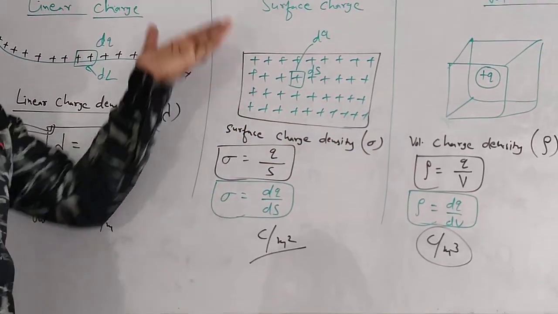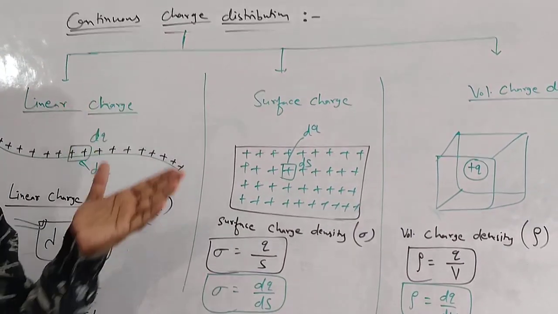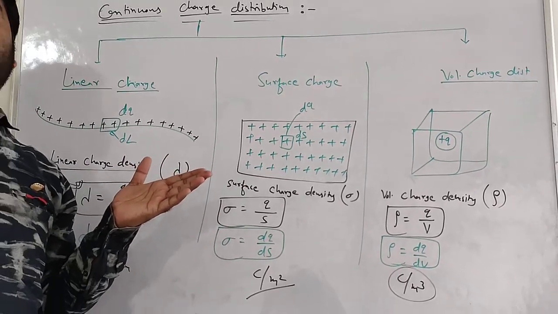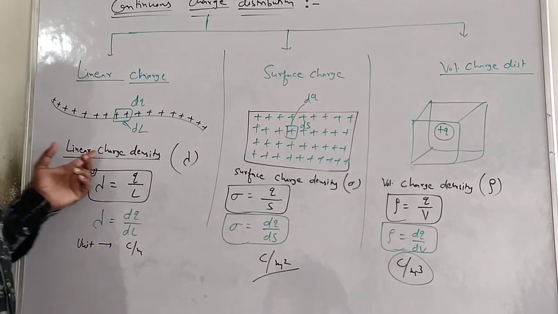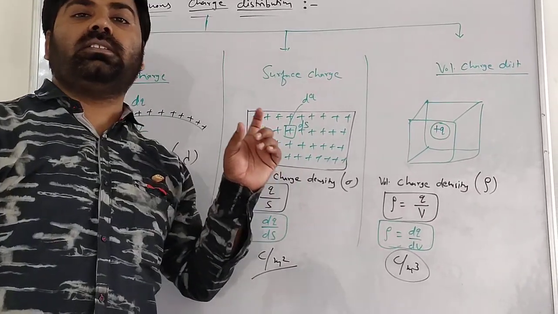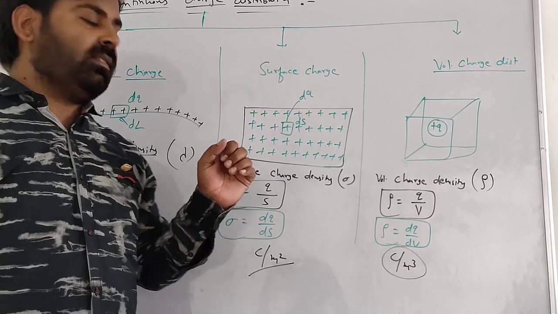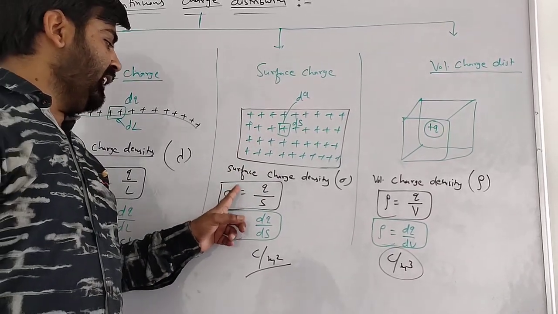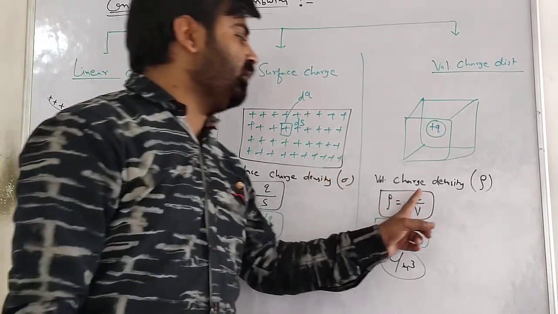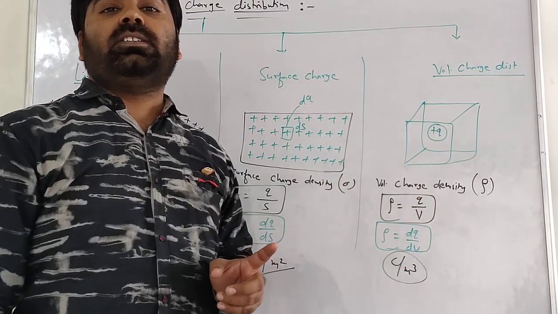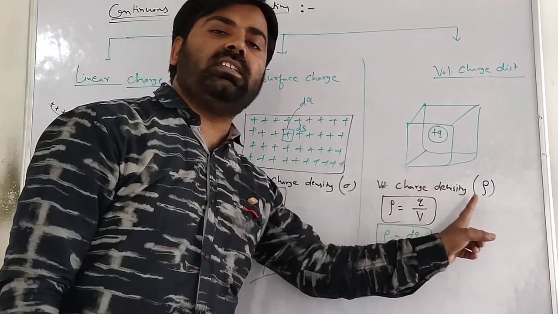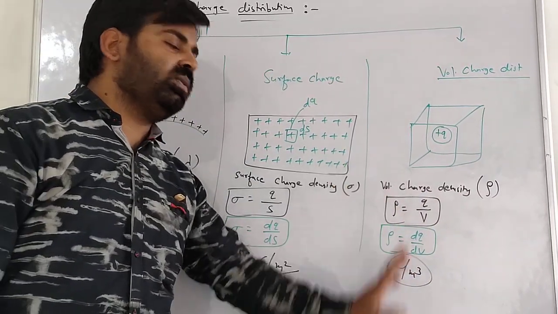These terms are used in the application of Gauss law. When we discuss an infinite length thin wire, we discuss linear charge density. When we discuss a thin plane sheet, we discuss surface charge density. When we discuss a non-conducting sphere, we discuss its volume charge density, denoted by rho.